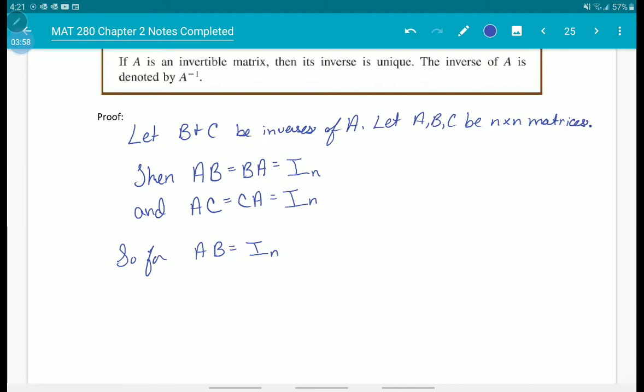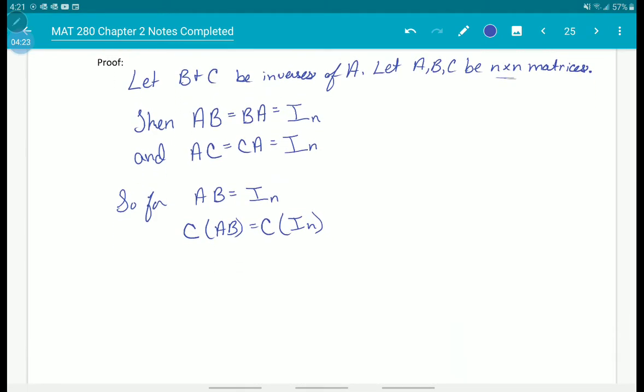Now, because we've already established that, let's multiply by C on the left-hand side. As long as you do the same thing to both sides of the equation, it's a legal move in math. And we already know this multiplication is going to be defined because everything's an n by n matrix. So if we change that grouping on the left, so we now have CA times B is equal to C times the identity.